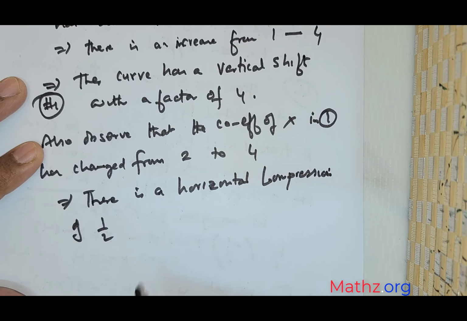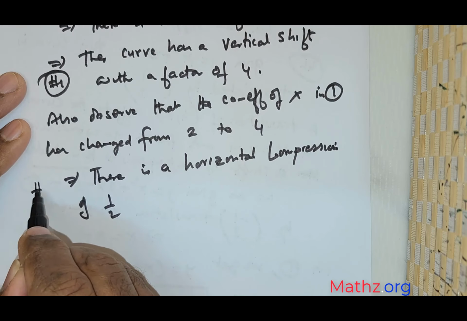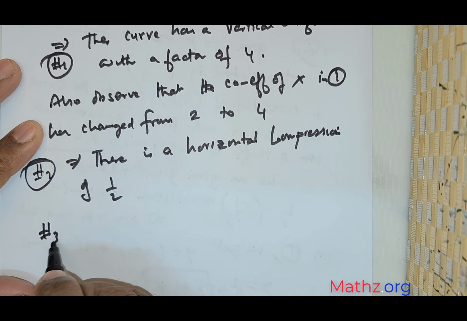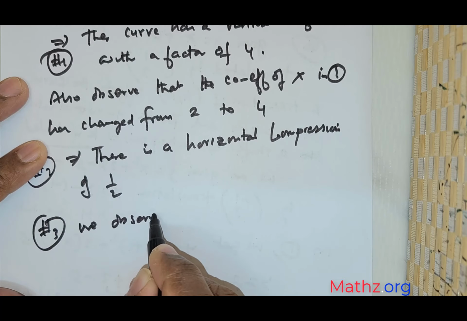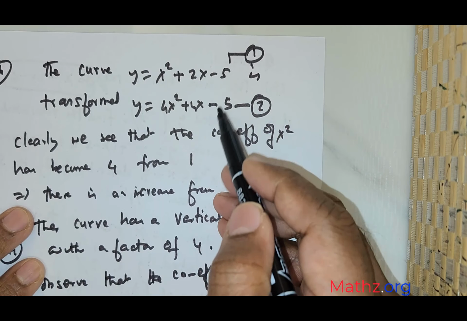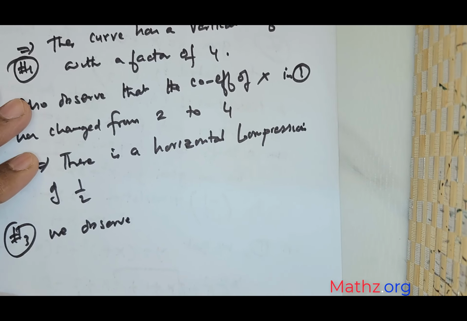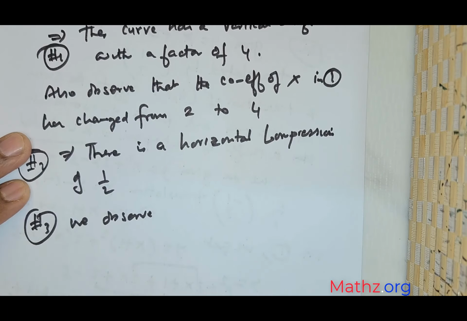So to conclude, there is one more point. So this is point number 2. Point number 3 is, we observe that the constant has not changed at all. Let me write that down.